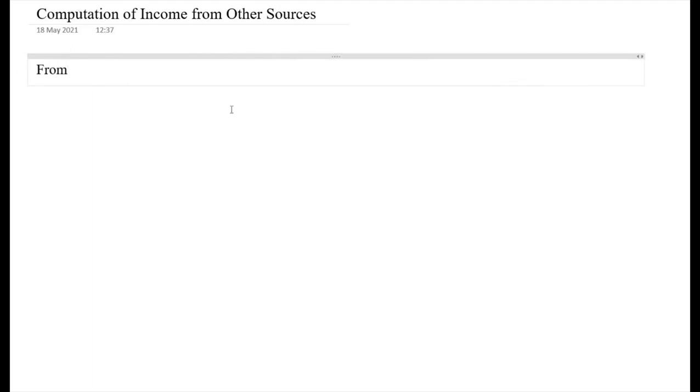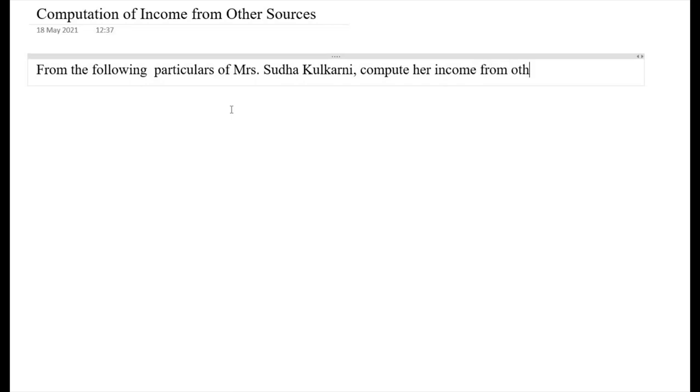From the following particulars of Mrs. Sudha Kulkarni, compute her income from other sources for the assessment year 2021. The details are as below.